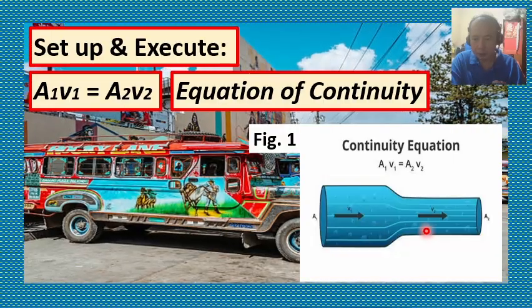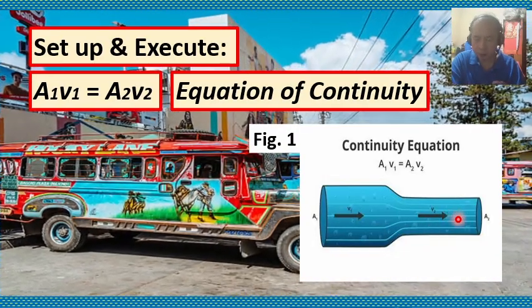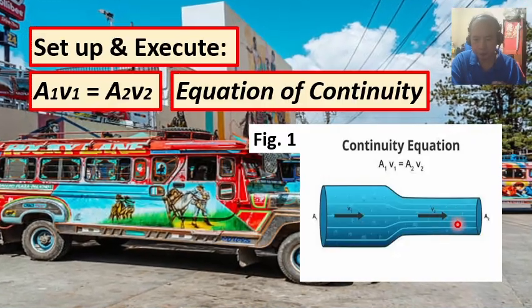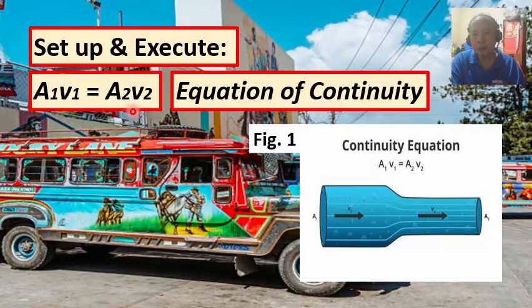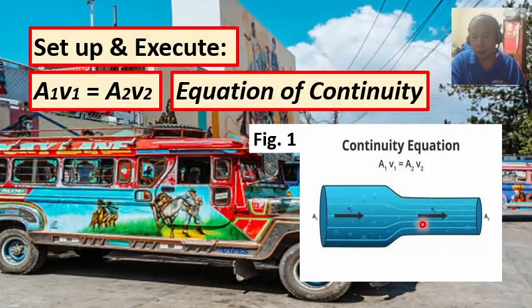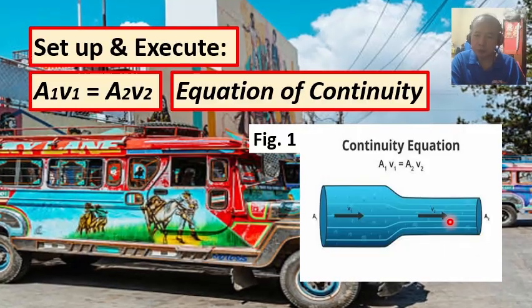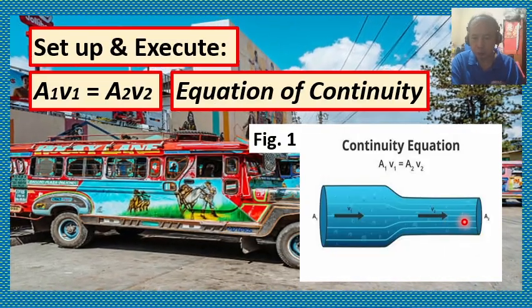While the right part of the pipe, the smaller pipe, has a cross-sectional area, capital A sub 2, and the flow speed of the water here is denoted by V sub 2.